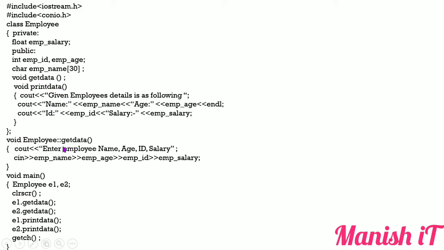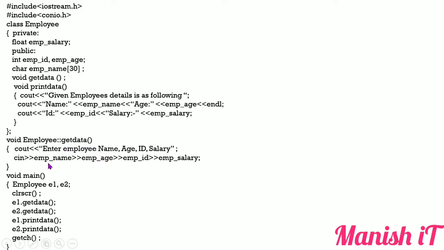So this is the syntax, this is the rule: the return type of that member function, then the class name, then the scope resolution operator, and then the member function name. And we should define this function.